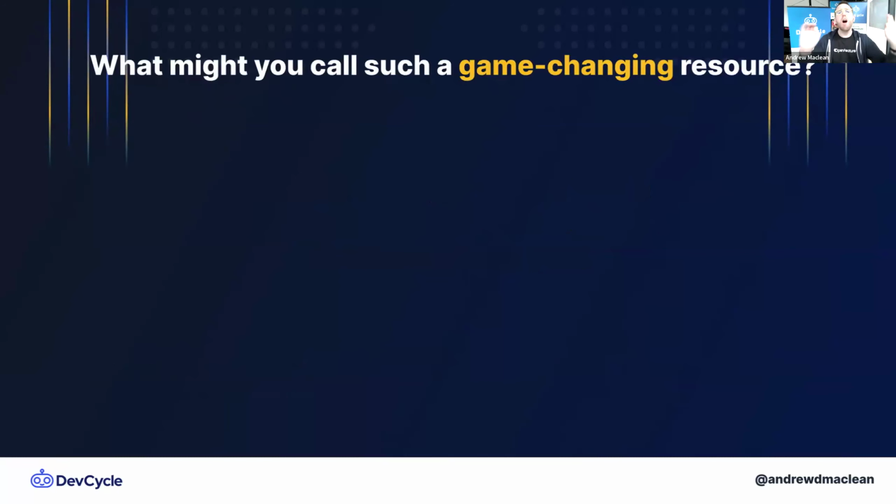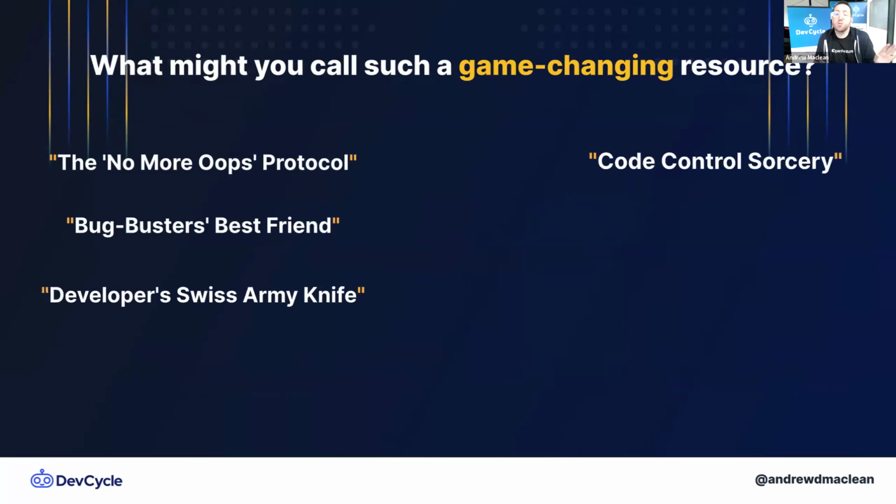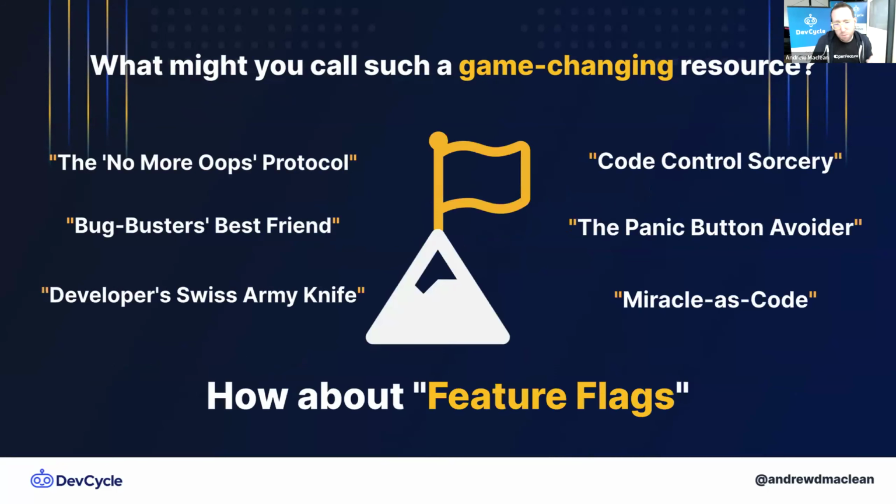What might you call such a game-changing resource? You might call it the No More Oops protocol, a bug buster's best friend, a developer's Swiss Army knife, code control sorcery, the panic button avoider, miracle as code. How about feature flags? All right, I feel like I got my Billy Mays in there.